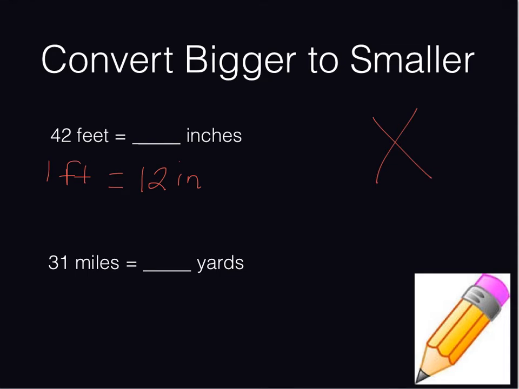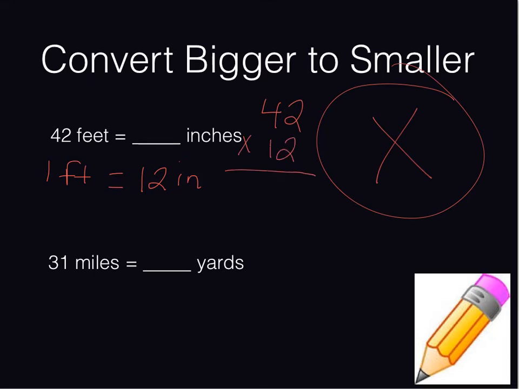So I need to ask myself, how many inches will make up 42 feet? When converting from a bigger unit to a smaller unit, you multiply. If 12 inches make up 1 foot, a lot of inches are going to make up 42 feet, so of course we'll have a bigger number. So I have to multiply 42 times 12.